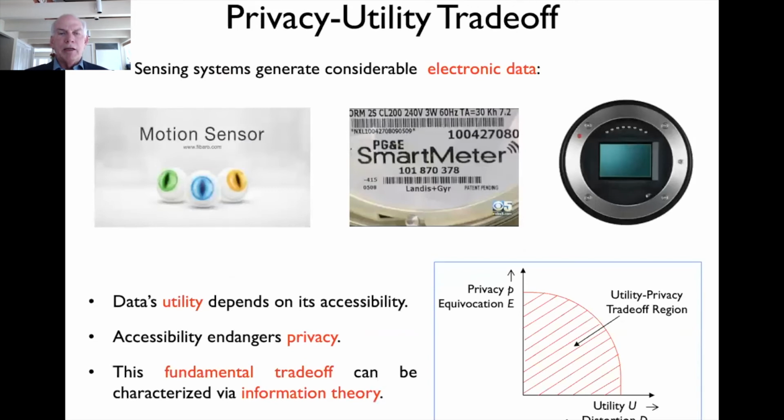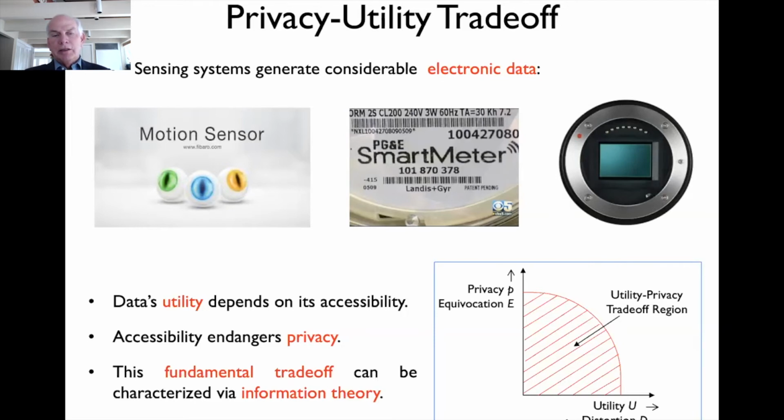So, think about various kinds of IoT devices: cameras, motion sensors, smart meters, and so forth. They all generate data. And again, the utility of that data depends on its accessibility. So the whole idea of having sensors is you collect data and you share it with some common point.